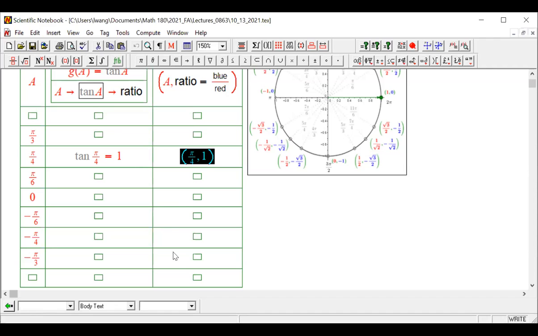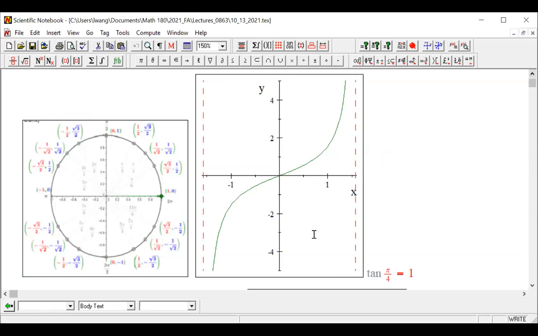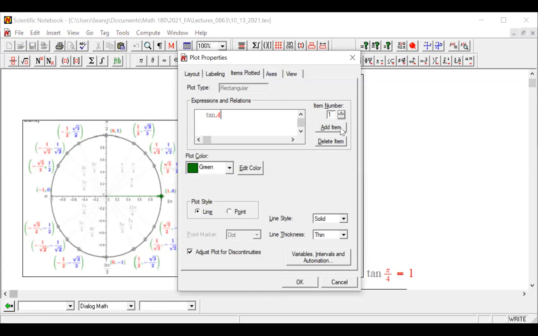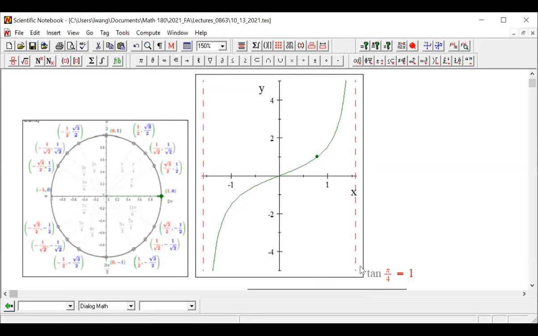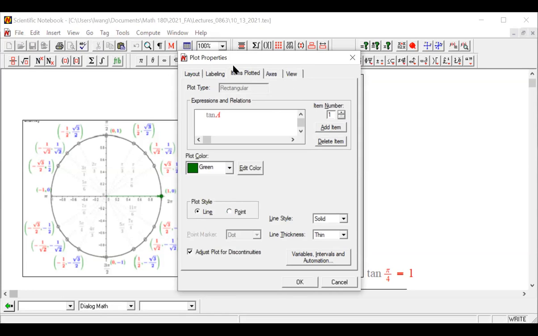You're going to work out this table. Farouz, did you get that?